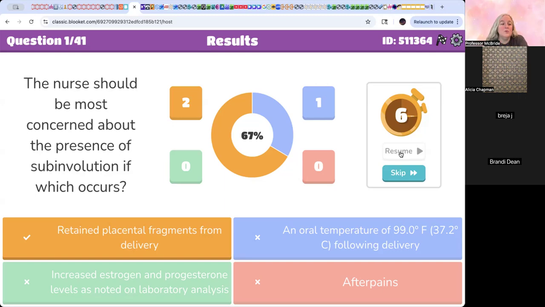What could we do to help decrease the risk of endometritis, especially if she has a C-section? Would it be antibiotics and massage the fundus?